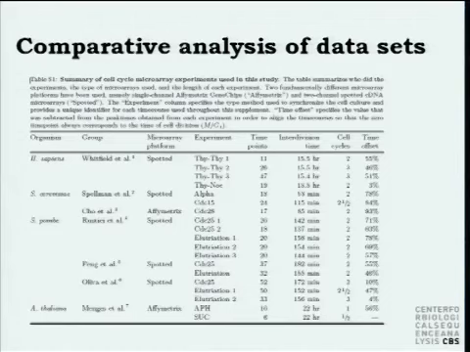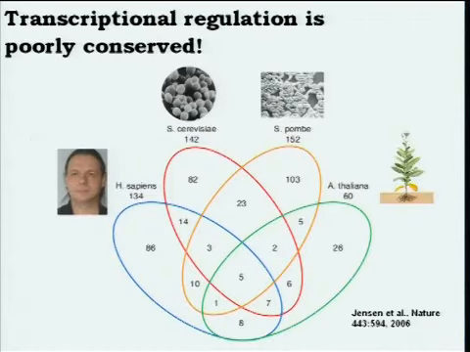But here are 4 organisms for which, when we did the work 2 years ago, transcriptomics experiments had been performed with synchronized cells, and here are some of the data sets. I just skip over that. So the first surprise was that the transcriptional regulation is very, very poorly conserved.